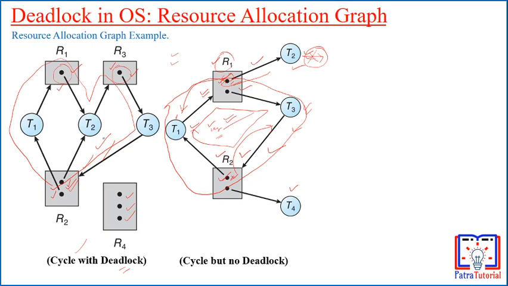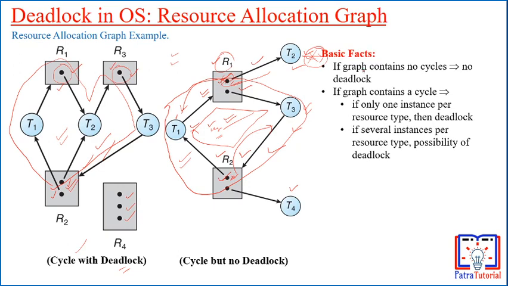In the first case we can say there is 100% deadlock, but here we cannot say there is a deadlock. So some important points to be noted: if there is a cycle, then there is deadlock? No, we cannot say that. If the graph contains no cycles, then that means no deadlock.